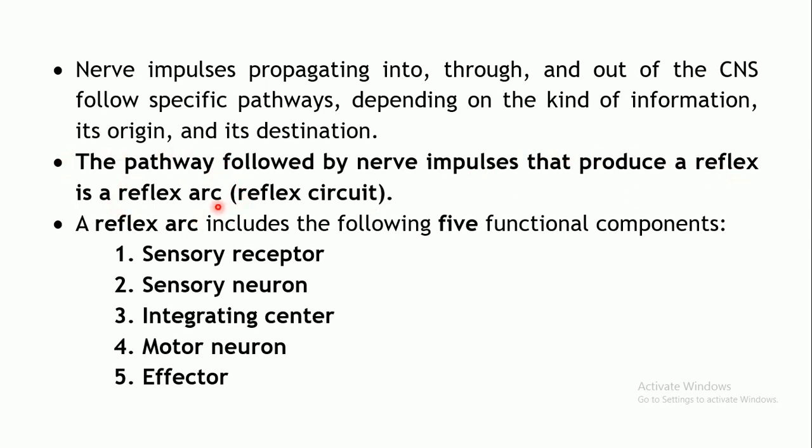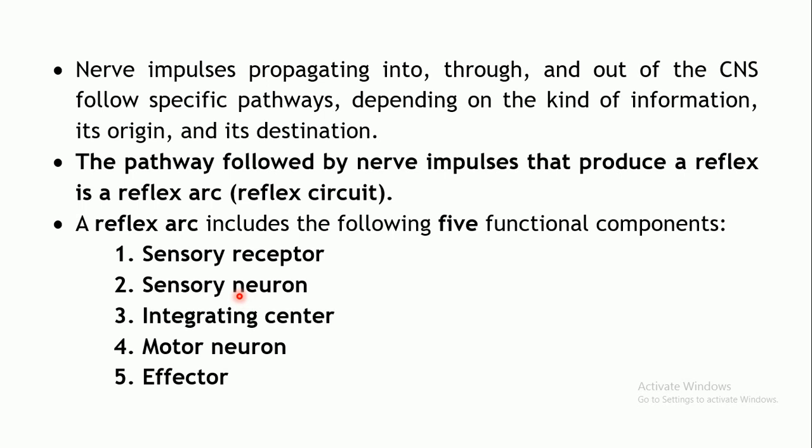So there is a particular direction in which this information will move. There is a particular sequence of events which will take place. First will be what? Sensation. That will be sensed by the sensory receptor. Second will be carrying that information towards your CNS. That work is done by the sensory neuron.